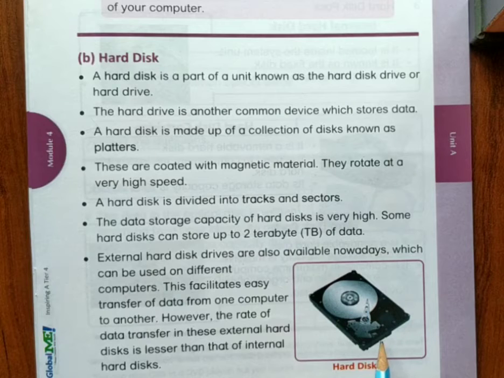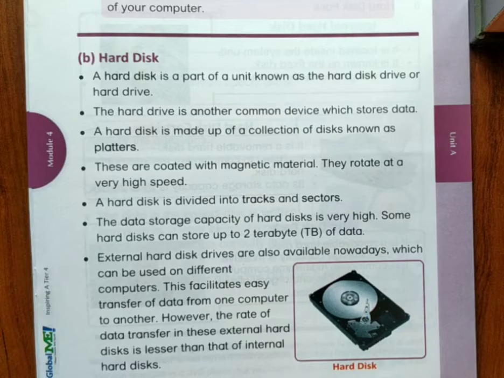This we call an internal hard disk. Some external hard disks are also available nowadays. They can be used for different computers, or you can transfer data from one computer to another. But compared to the internal hard disk, the external hard disk has lesser capacity. Okay, have you got now what the hard disk means? A hard disk is part of a unit known as the hard disk drive or hard drive.